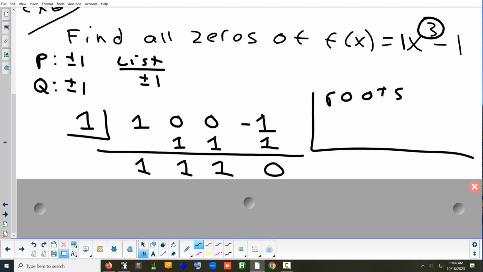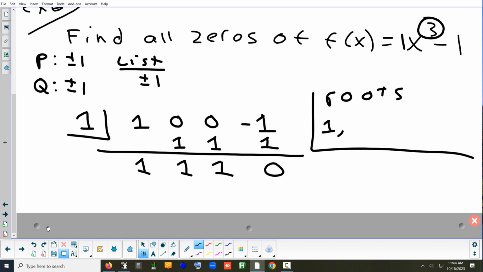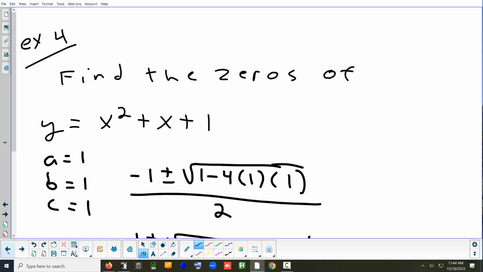So the roots are 1, and we still need 2 more because the highest exponent was a 3. So that's how many answers we need to get. Now what am I going to focus on here? The quotient. Look at the quotient. 1, 1, 1.